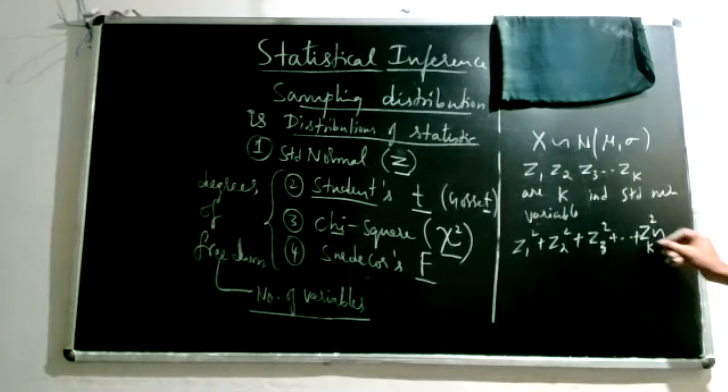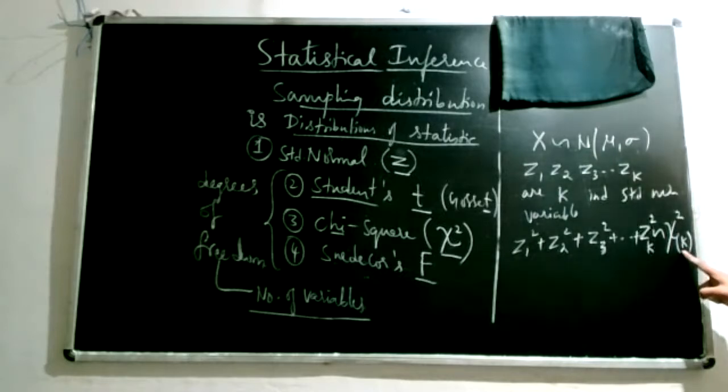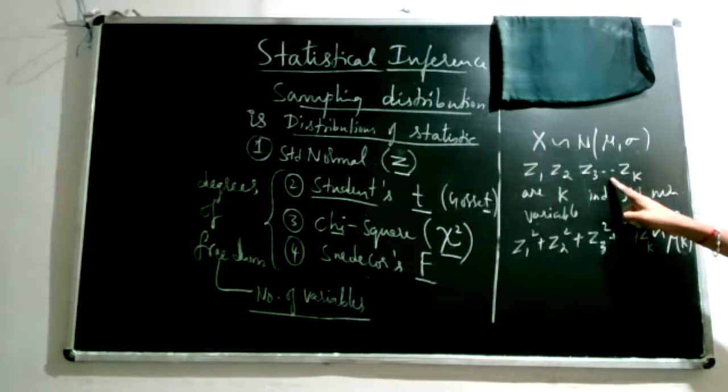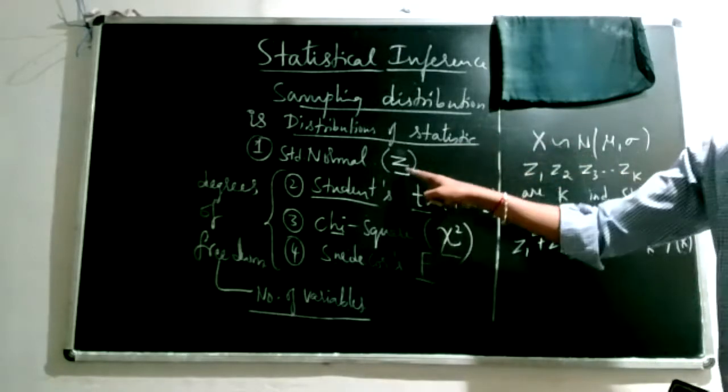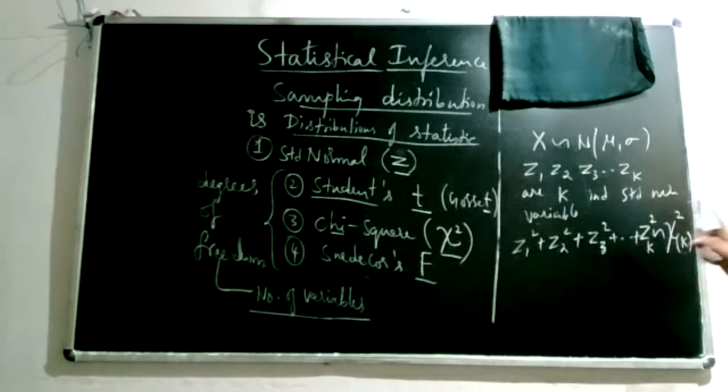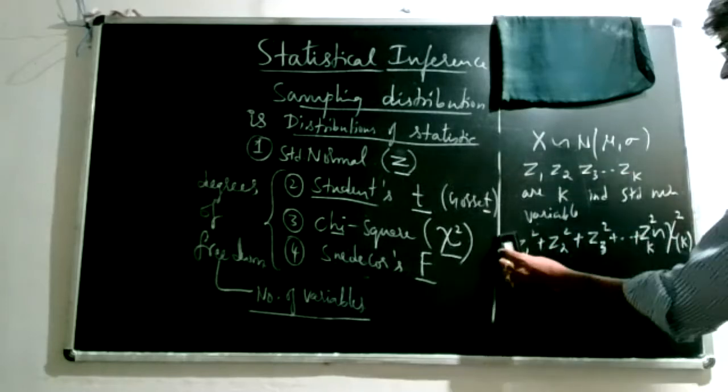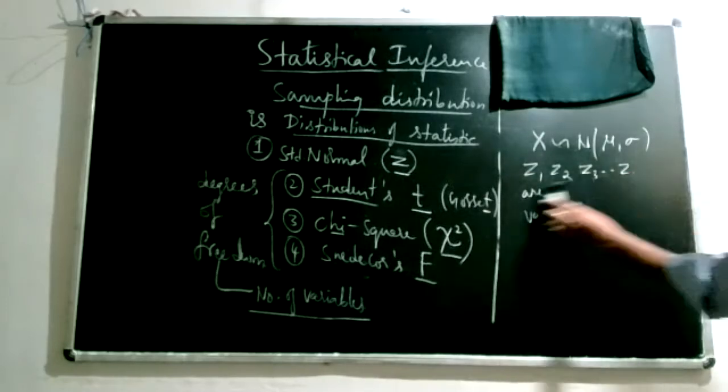And since I'm using k variables, the resultant chi-square distribution is said to have k degrees of freedom. So I can generate a chi-square only from standard normal. If your data is not normal, then you cannot produce standard normal, and you cannot produce chi-square. Okay, so this is how the chi-square is defined.